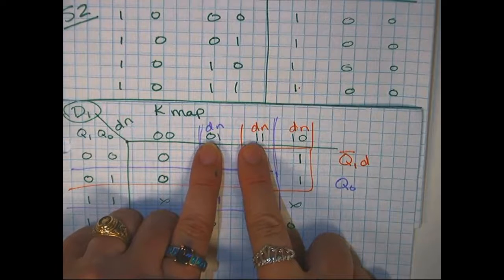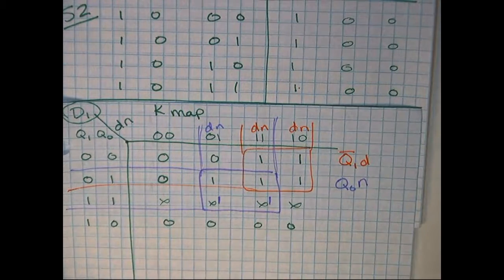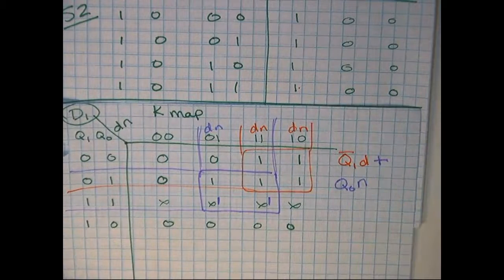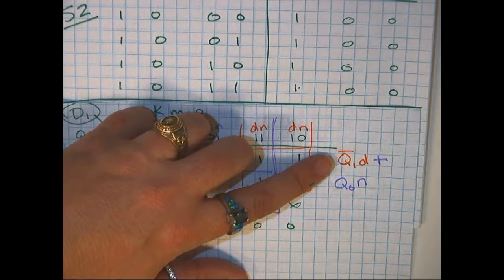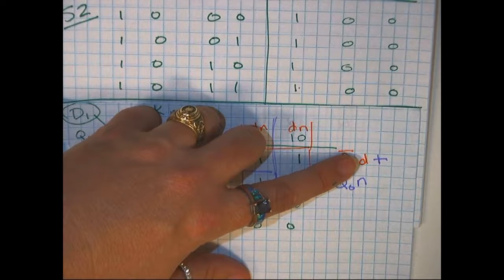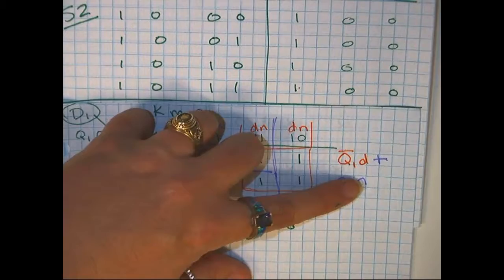What about the D? Don't care. We're going to use this to make our circuits later. So, not Q1 and D, and any place that I have Q0 and N.